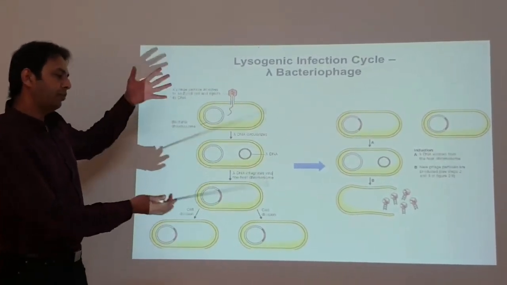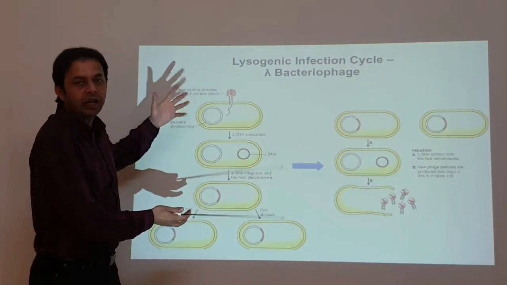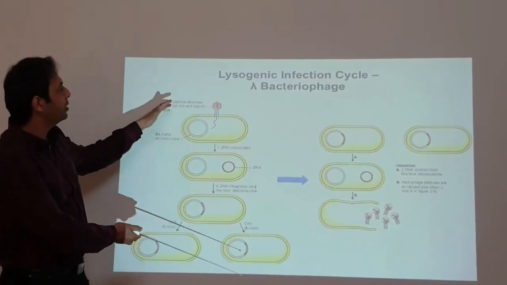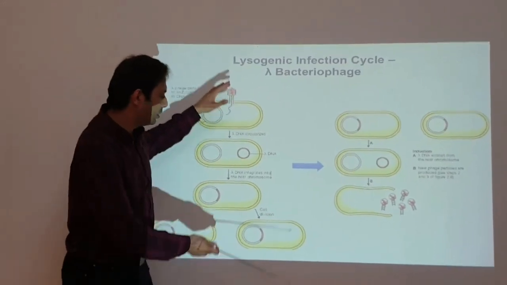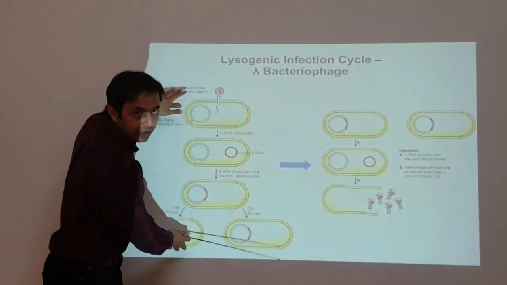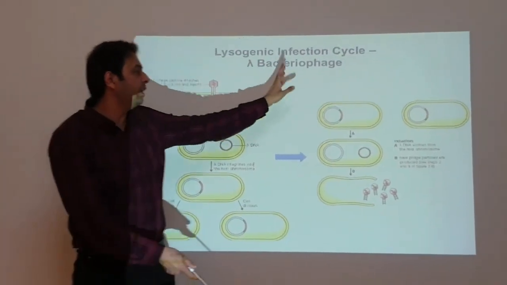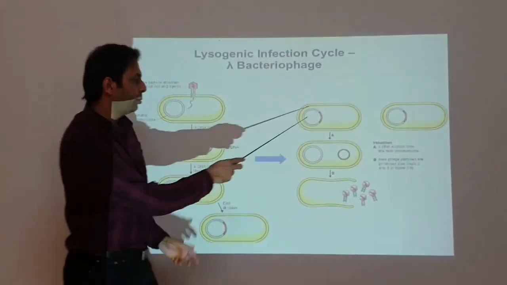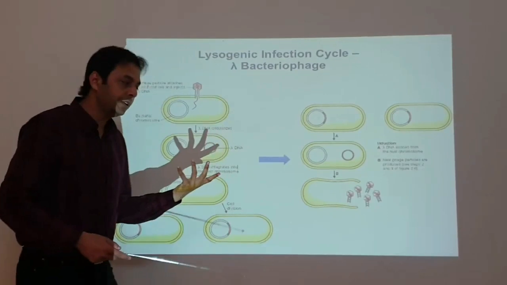But after more than a thousand generations, the lysogenic phages again convert to lytic phages, meaning that they cause the breakdown of the cell. How does it happen?